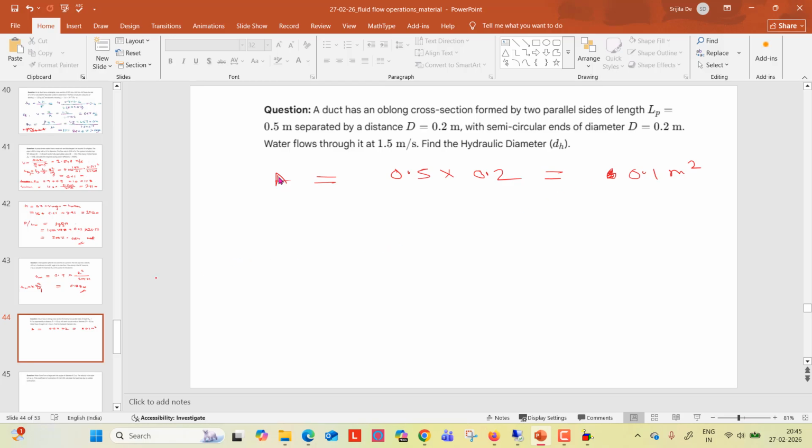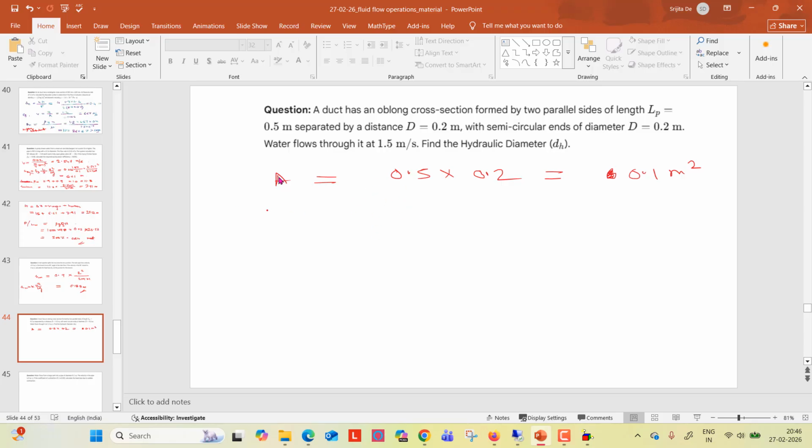No, there is one semicircle. No, there are two semicircles with semicircle ends, right? So two semicircles. There are two parallel semicircles, so that making one.